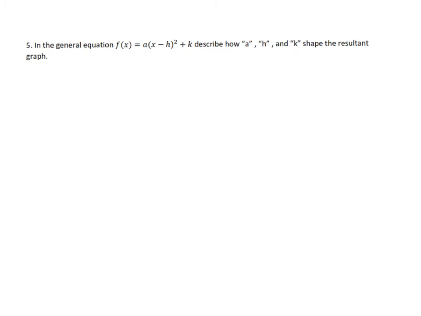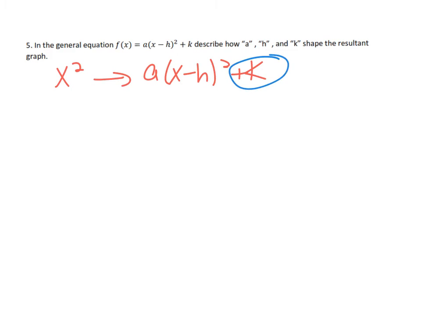So question 5 just asks you to discuss what's happening when I transform this function, a quadratic, and x squared is turning into a times (x minus h) squared plus k. Well, there's several things that happen. It's probably easier to talk about each of them separately, so why don't we start with k.